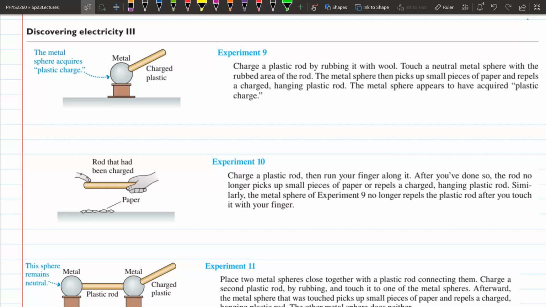It's very easy for charge to move around metal and not very easy for it to move around plastic. This is why your electrical outlet has the plastic coating around it, so you can hold on to the connector without getting shocked.